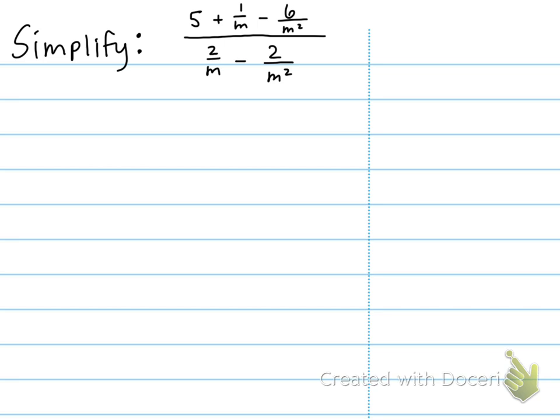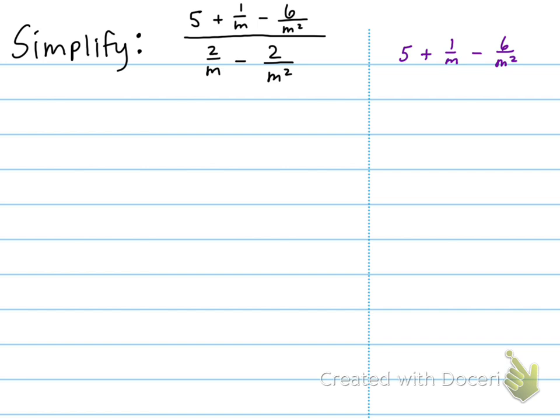So off to the side, I need to find a common denominator. Now, if I look at the numerator and I look at the denominator, both of them have a fraction of m and m squared. So I'm going to write off to the side 5 plus 1 over m minus 6 over m squared. And if I think about the common denominator of 1, m, and m squared, it would be m squared.